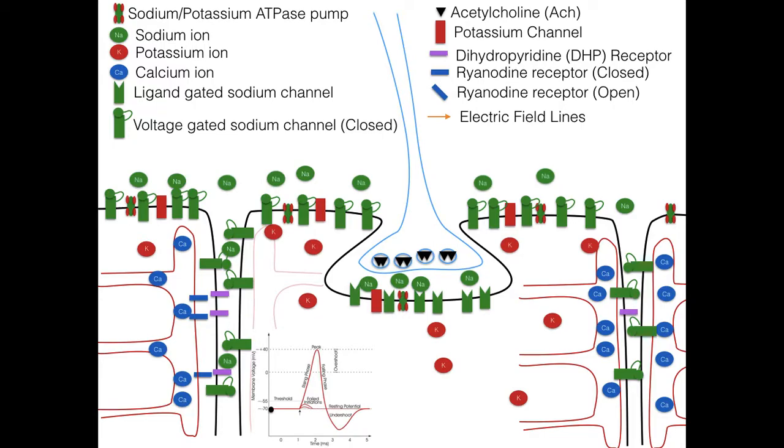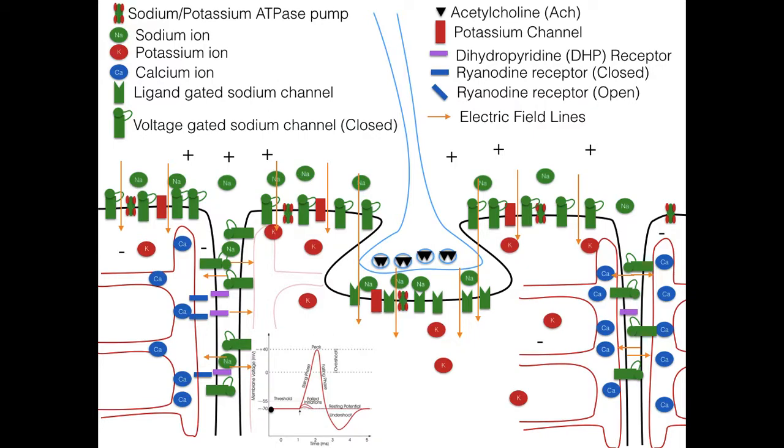That means the electric field is pointing inside the cell. You have more positive charge outside and more negative charge inside, and the electric field is pointed inside the cell with a strength of 70. Negative means pointed inside.